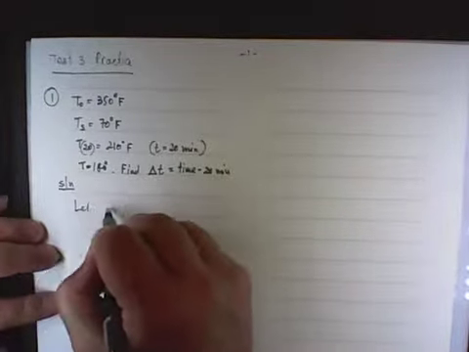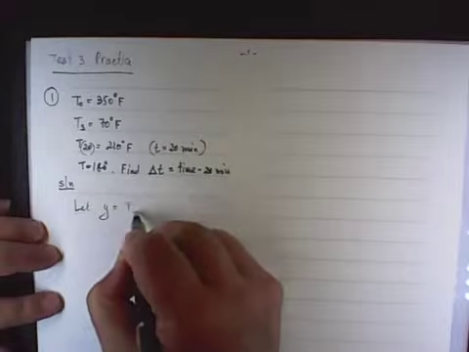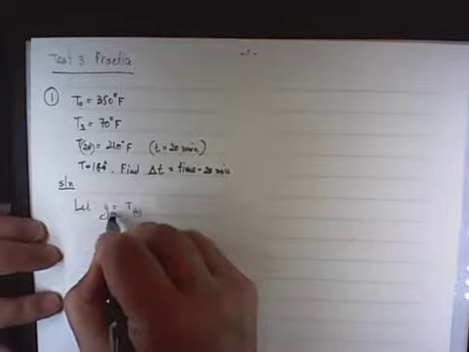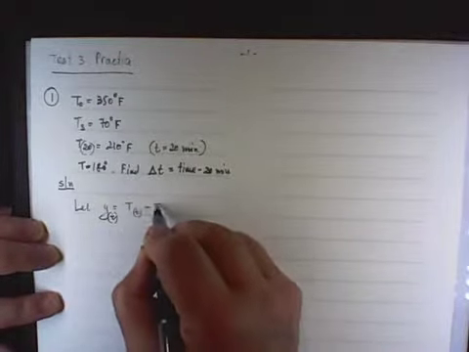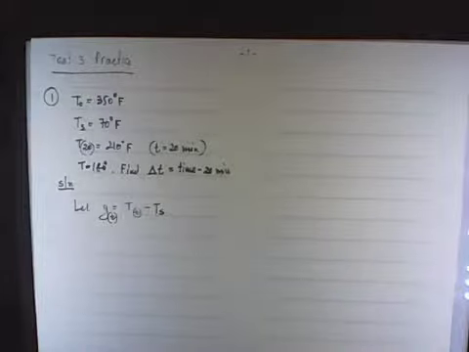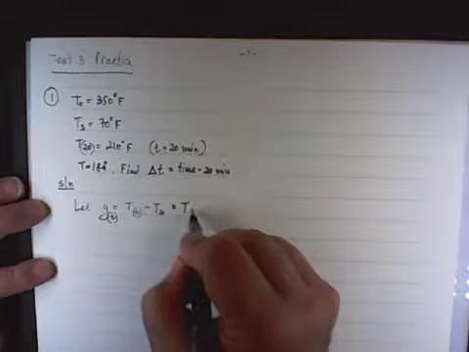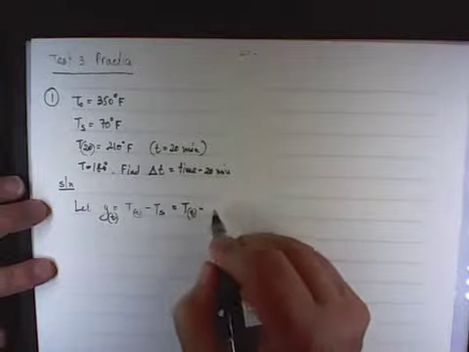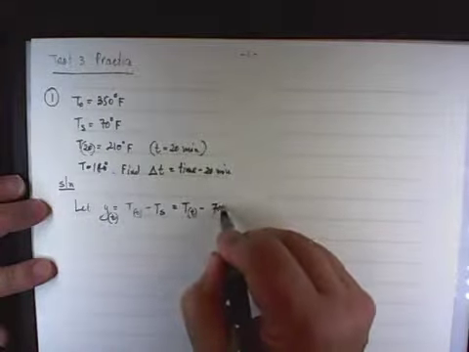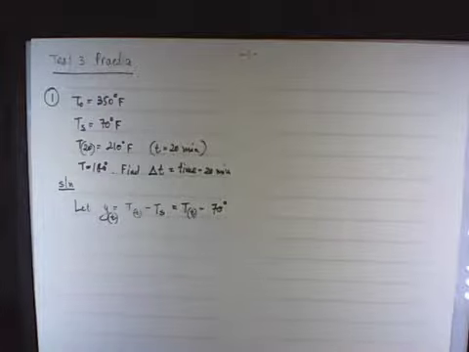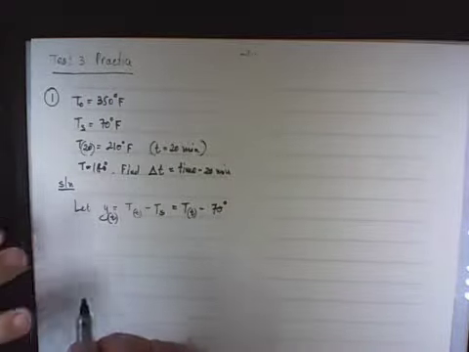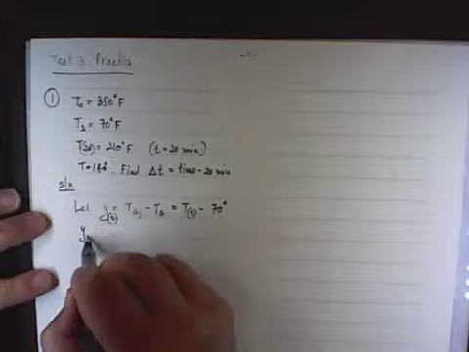Let y equal T of t, so y is a function of t, minus the ambient temperature, T sub s. So it will be T minus the 70 degrees. Okay? And we need to also set up the initial values.